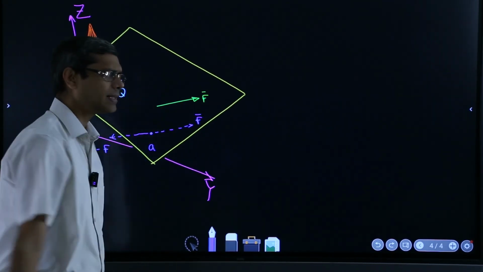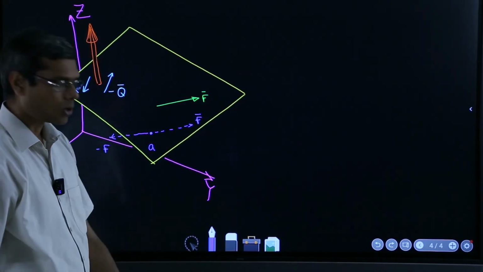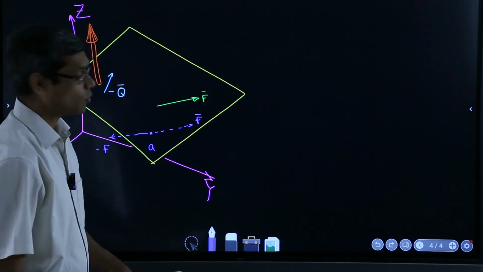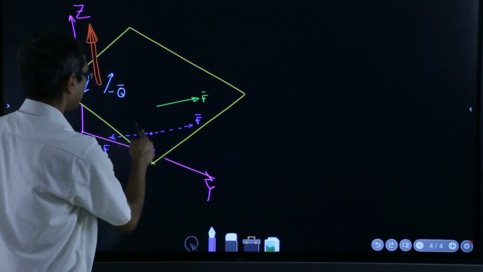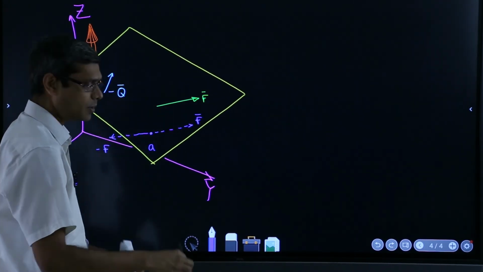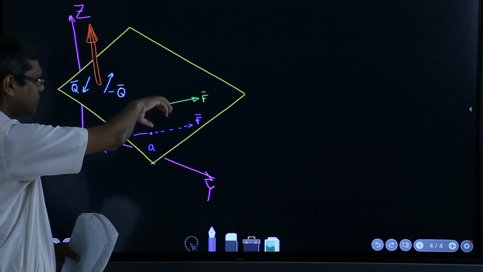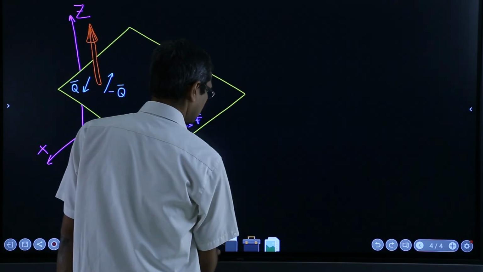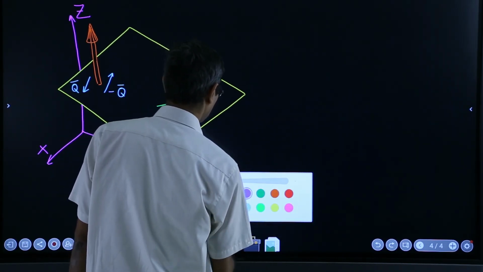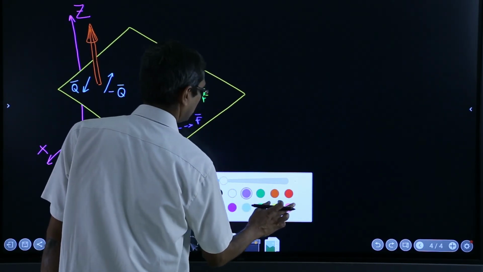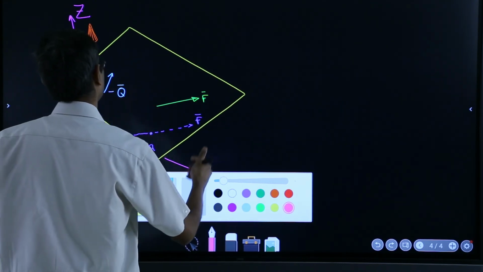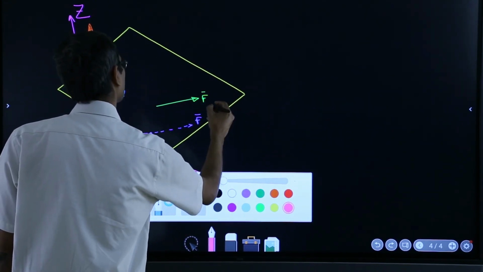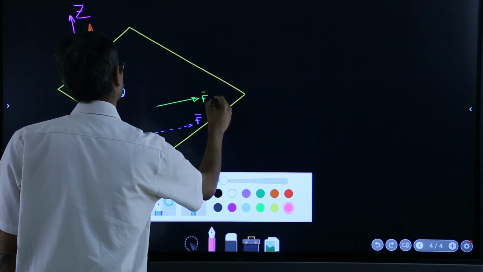By adding that, I am not changing the system at all, but this F and this minus F constitute a couple, which is actually acting in the opposite direction.